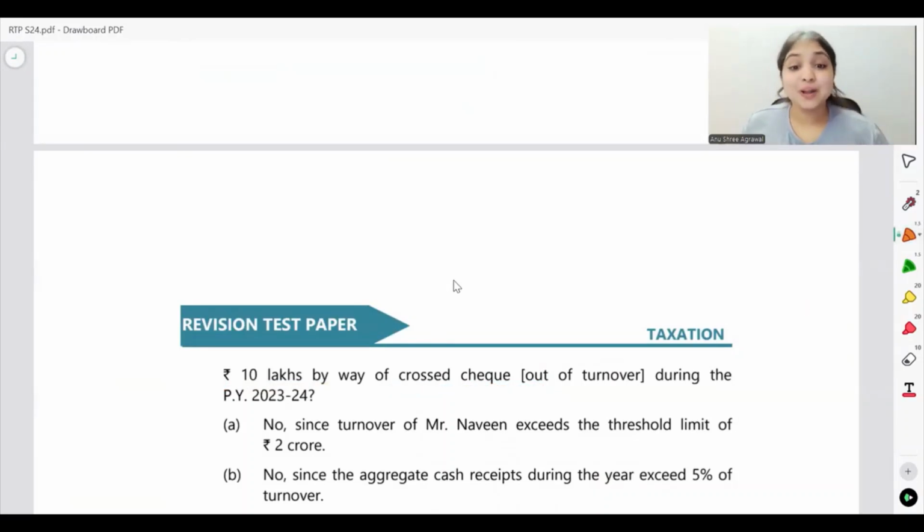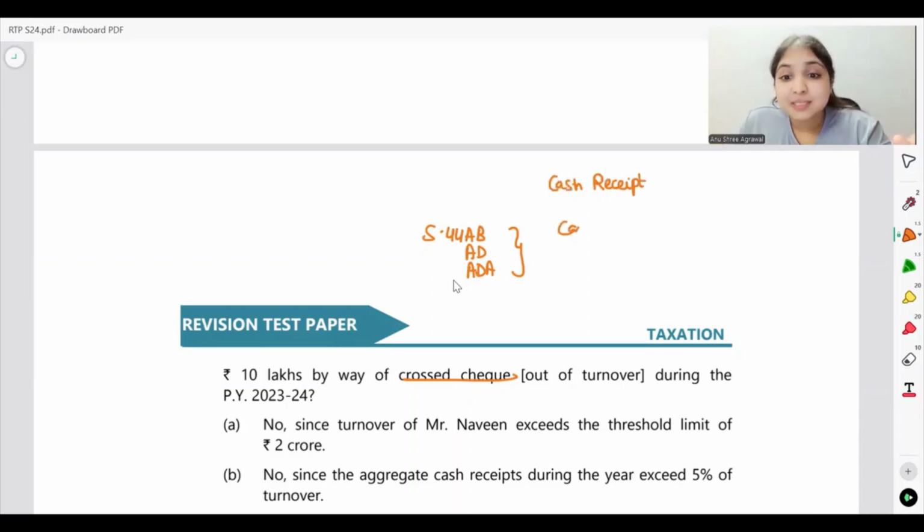What did I tell you? I told you that for the purpose of 44AB, 44AD and 44ADA, for these three sections, cash receipts means I am not only talking about receipts in cash, I am also talking about those receipts which I received in cheque, any cheque which is not an account payee cheque.